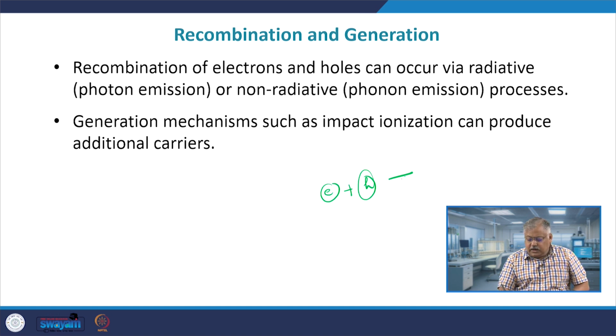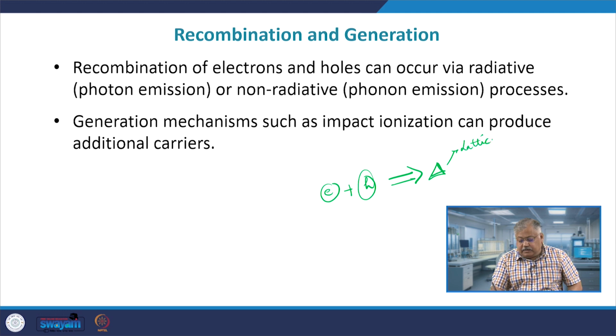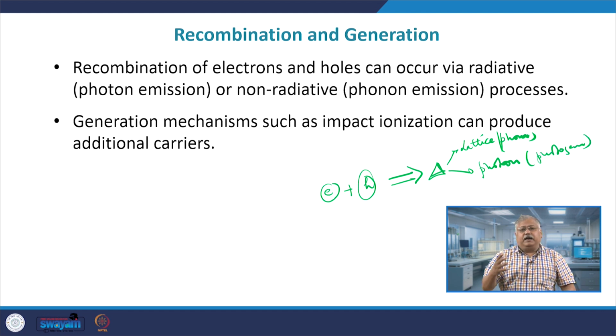When they recombine, it is an exothermic reaction, they give out delta heat, and this heat might be going to the lattice to raise the temperature of the lattice. This is known as phonon, or it can go to photon, and this is where you will get photogeneration, right, and this might happen.